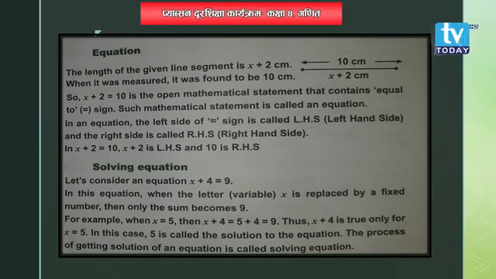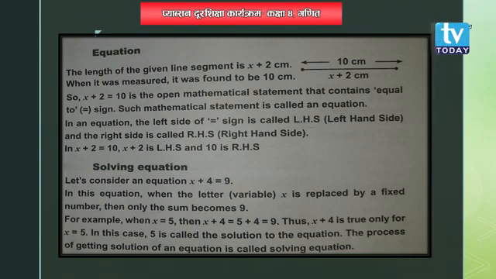Have you seen? Okay students, after learning about the equation, we also need to solve the problems of the equation, right? So how do we solve the problems of the equation?